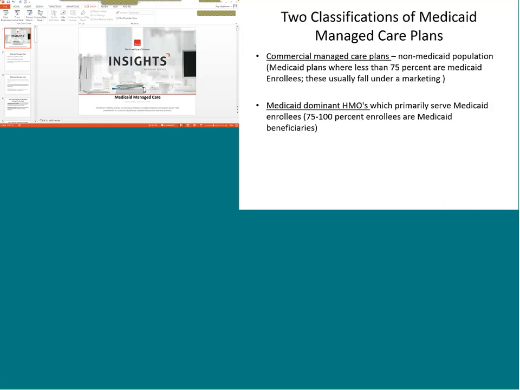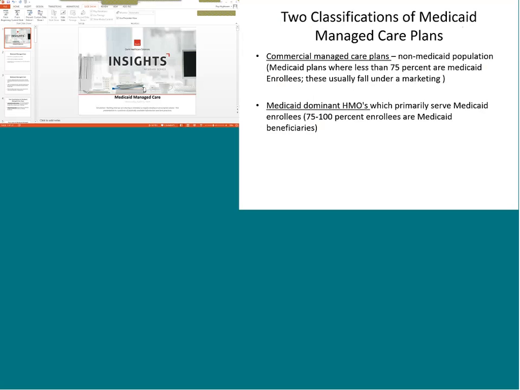There are two types of Medicaid managed care plans: commercial managed care plans, and Medicaid dominant HMOs, health maintenance organizations. Commercial plans have Medicaid enrollees making up less than 75% of their enrollment, and they typically fall under a brand or a marketing scheme by commercial payers who typically do traditional health care reimbursement.